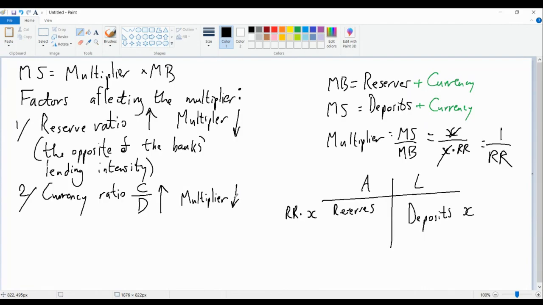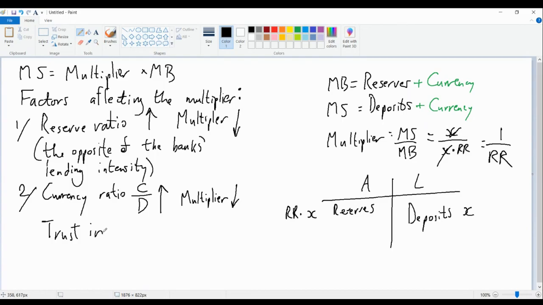But could the currency ratio change suddenly? Could something happen that makes us, not gradually, but suddenly change whether we want to hold cash versus deposits? Well, you wouldn't want to give your money to someone else, whether it's a bank or anyone else, if you're not sure that it's going to come back.